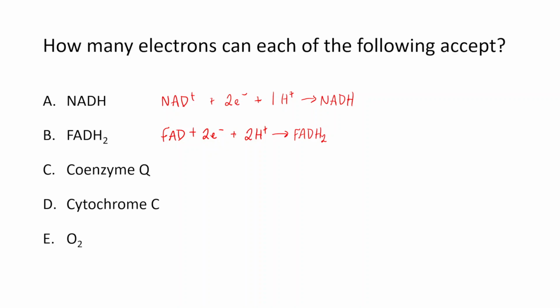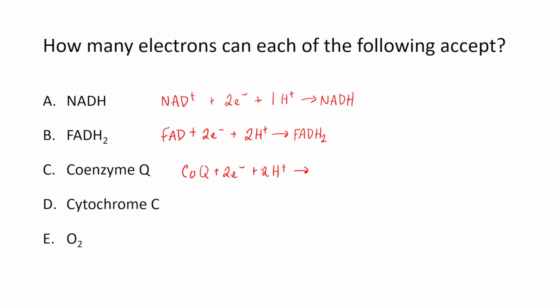All right, so how about coenzyme Q? Yeah, 2 electrons. So coenzyme Q plus 2 electrons. And how many protons? Yeah, also 2.